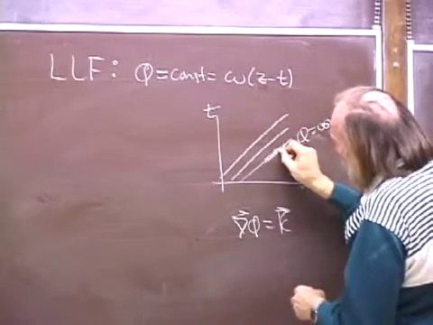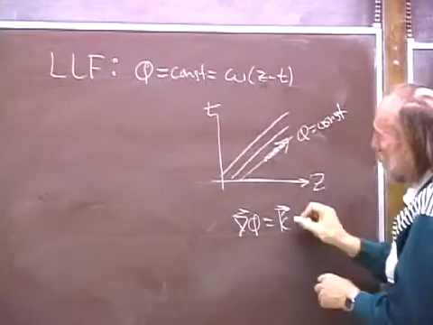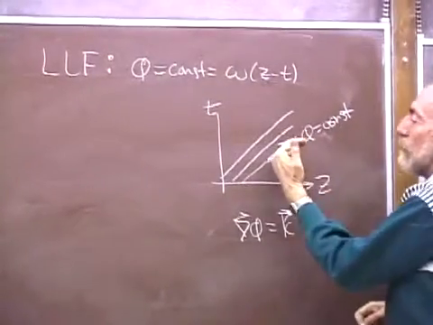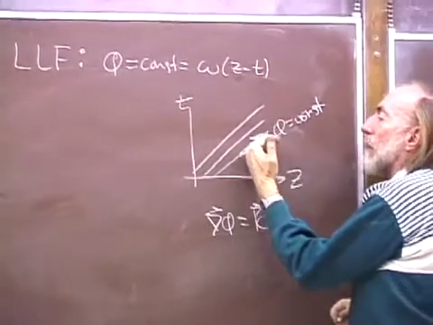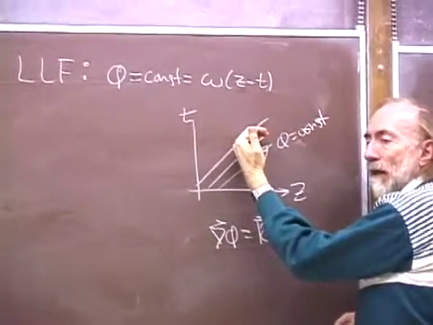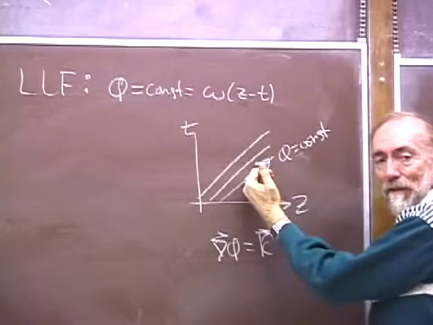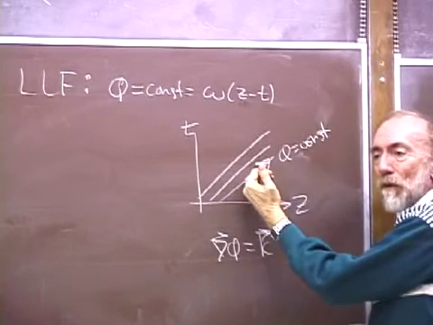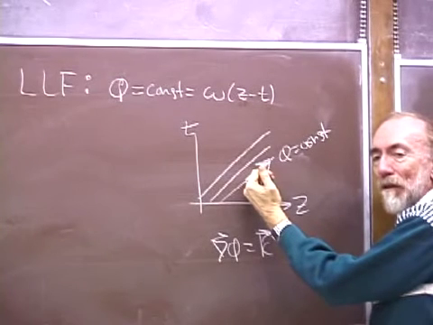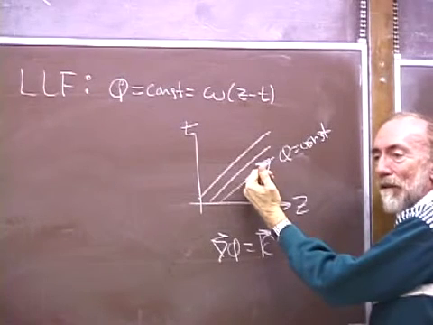If you've never seen this before, it's something you should go off and think about. If you have a field where the surfaces of constant phi are null, then the gradient lies in the surface of constant phi. And if this is startling to you, I'll let you go think about it by yourself.